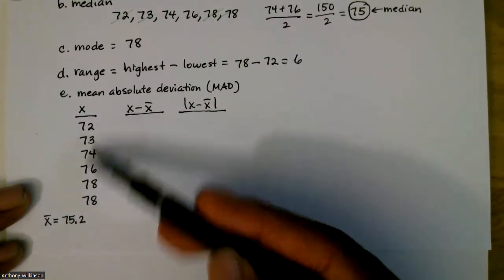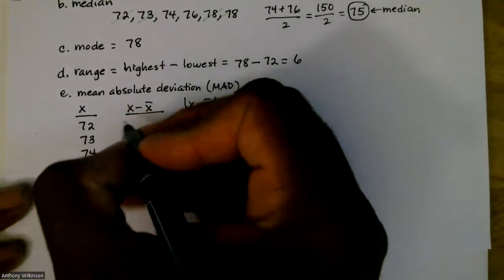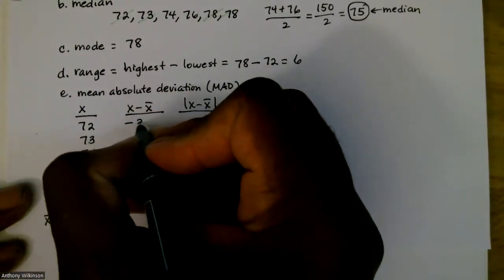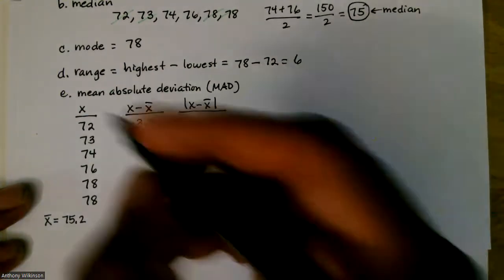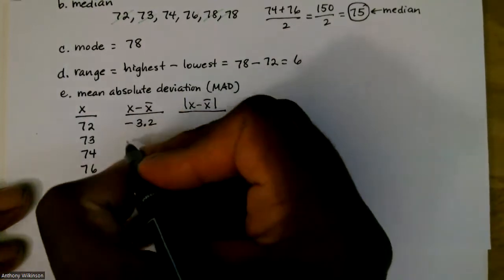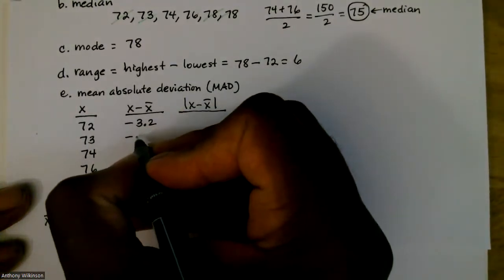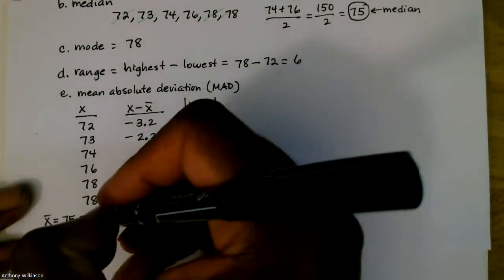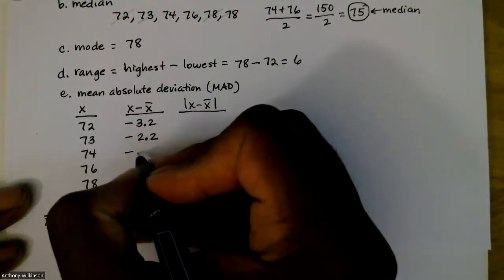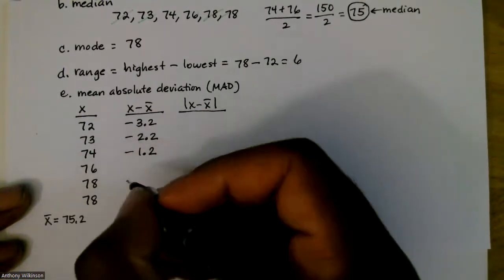So if I do 72 minus 75.2, this will be negative 3.2. And then 73 minus 75.2 will be negative 2.2. And then 74 minus 75.2 will be negative 1.2.